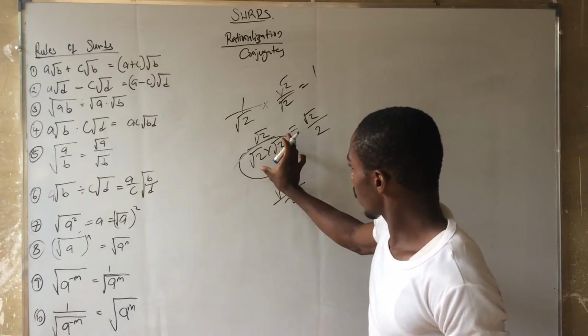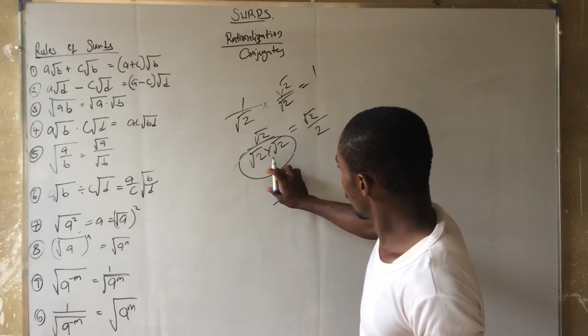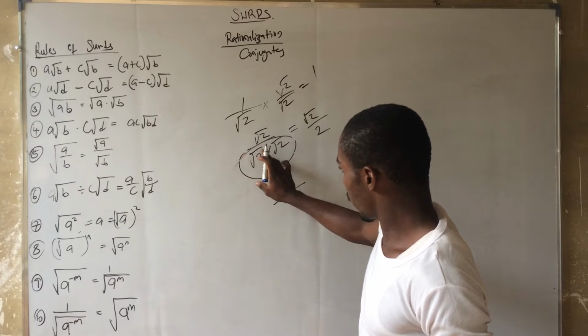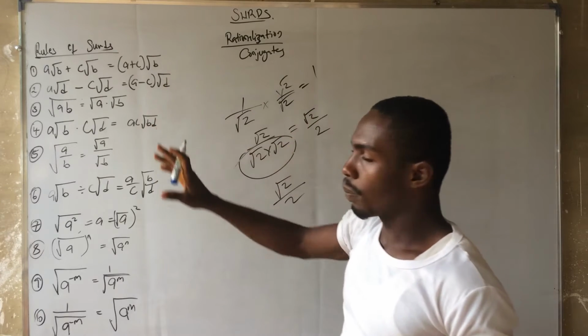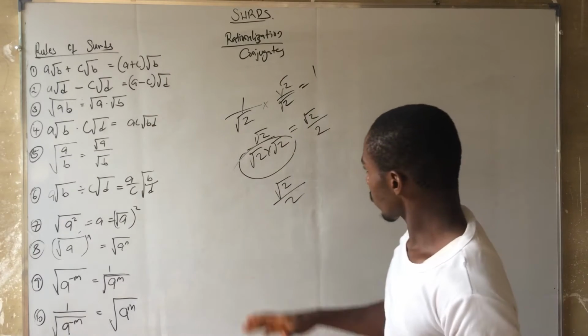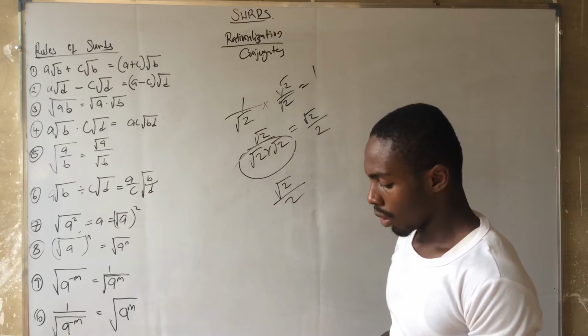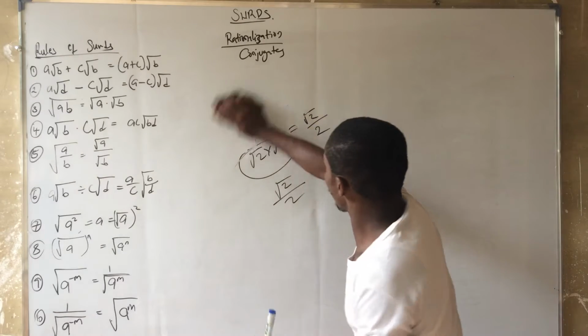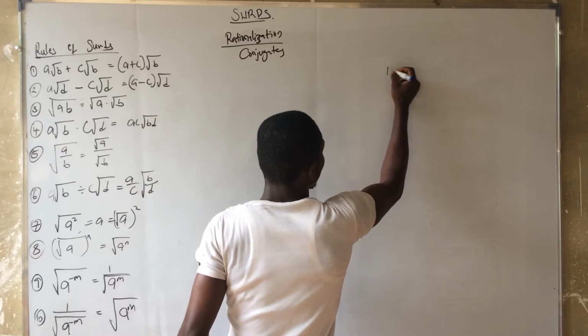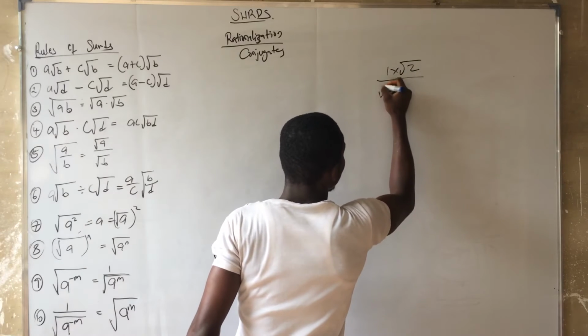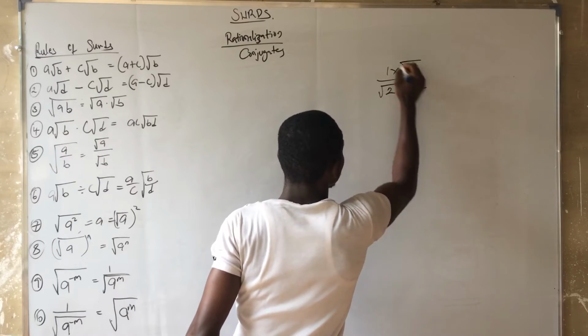Now this is what is going to take me to prove some of this. So without wasting much of our time, I have that is 1 times root 2 divided by root 2 times root 2.